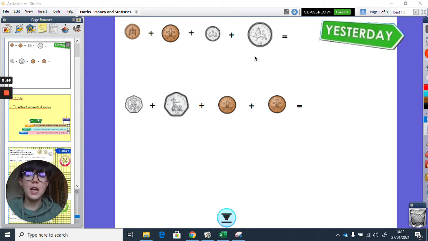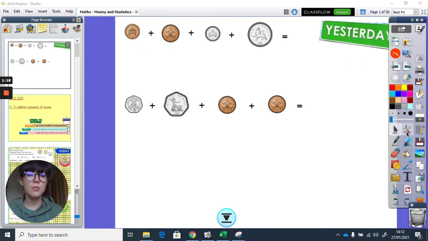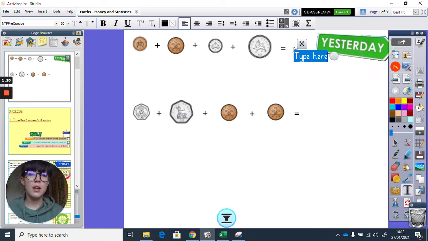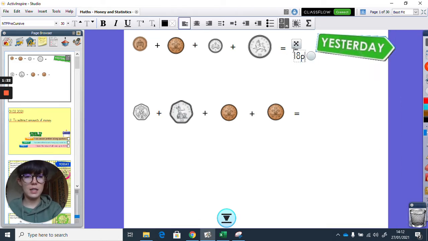I'm going to start with 10 in my head and then add on the next largest amount of money. So we've got 10 here, and then I'm going to add on 5. So 10 add 5 is 15. That's an easy question. Then I need to add on my smaller amounts of money. So we've got 15, 16, 17, because that's 2p, 18, that's 1p. So the answer will be 18p.